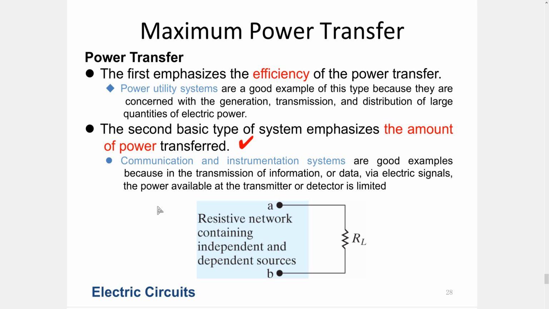We would like to use our maximum battery juice to efficiently communicate over long range. For that, we need to transfer the maximum amount of power. We don't want to dissipate or waste it, basically. In communication and instrumentation systems, these are also important. So we always want to transfer the maximum amount of power from a source to a load.